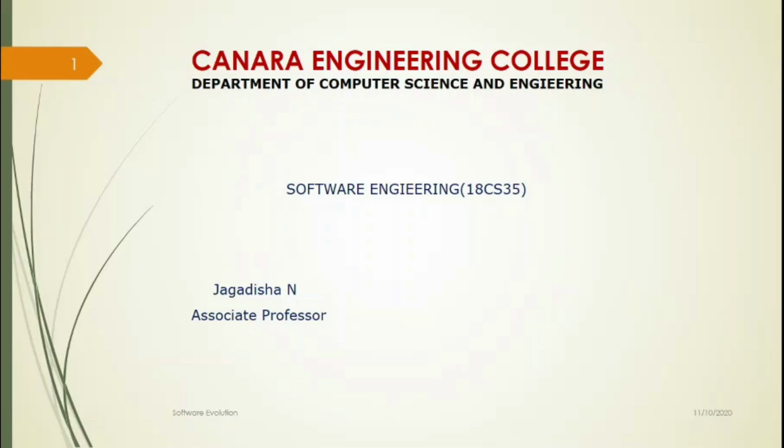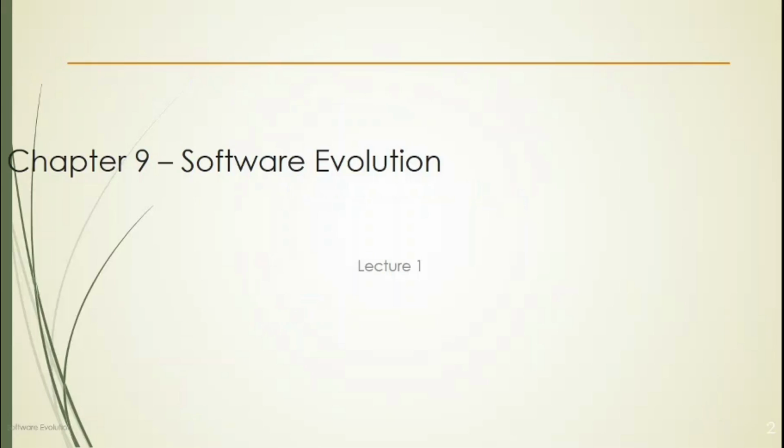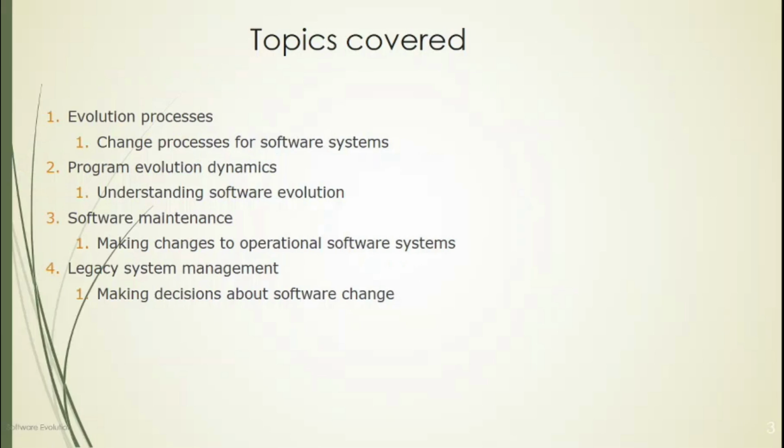In the last video session, we have seen about software testing. In software testing, we looked at the definition of software testing, then the types of software testing, that is development testing and unit testing.